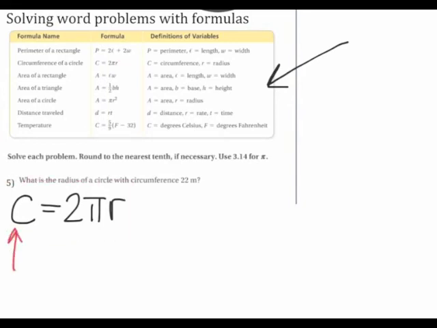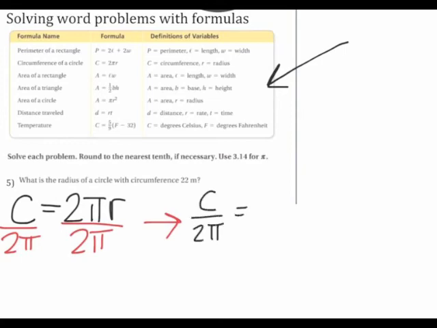So we have our formula. We know C, we know pi. It's telling us to approximate pi with 3.14, but we want the radius. Now, what I would prefer that you do is solve this formula for r. And the way to do that is to divide both sides by 2 pi, because 2 pi on top, 2 pi on bottom cancels out right here, leaving us with c divided by 2 pi equals r.